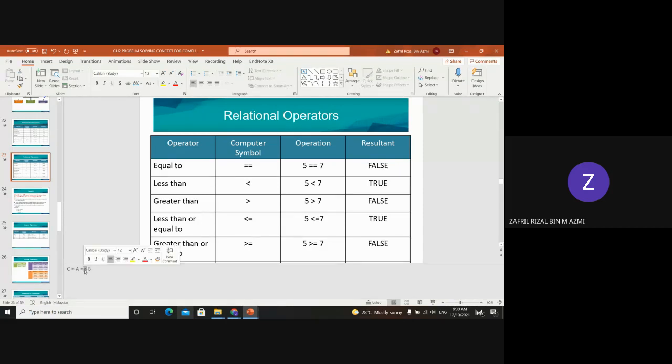Double equal is used to compare two values. Single equal is used to store a value in a specific variable.